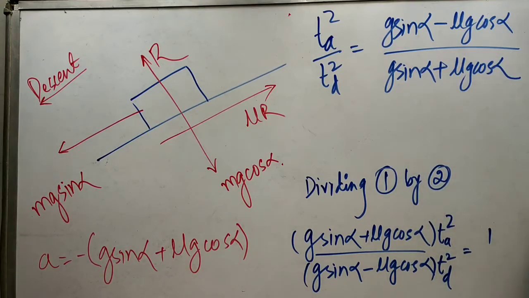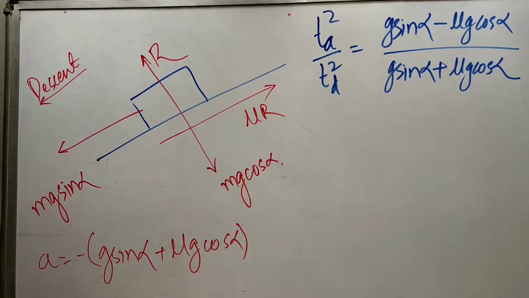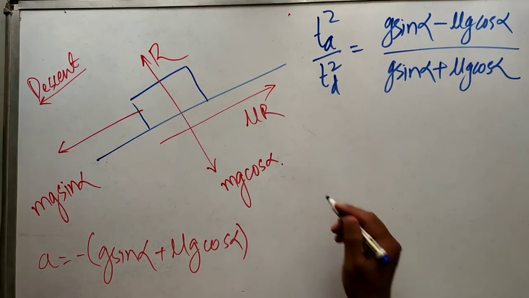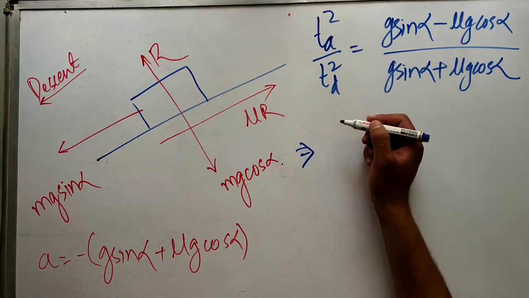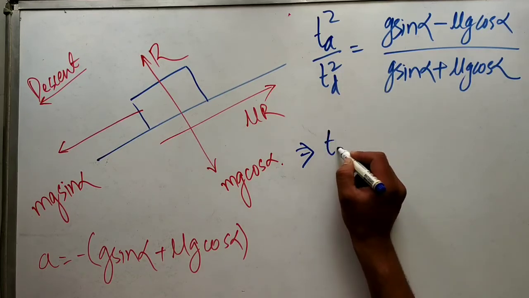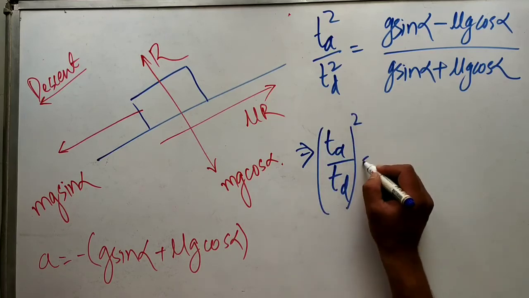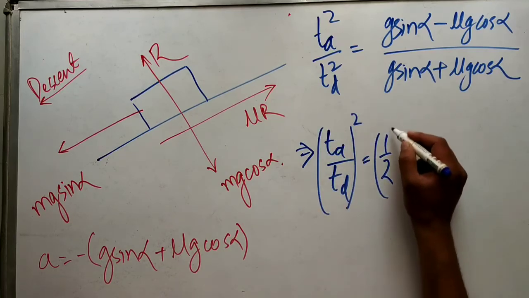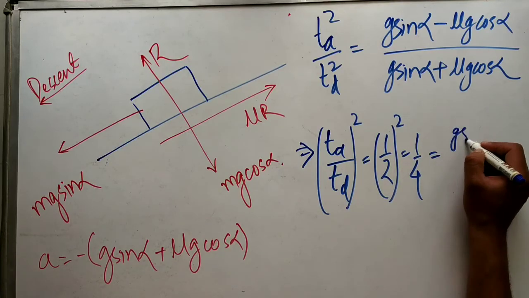Now, please note everything down that I am writing on the whiteboard. This implies that Ta divided by Td, we already know that Ta by Td has the ratio of 1 by 2. This implies that 1 by 2 square, equal to 1 by 4, equals g sine of alpha minus and so on.